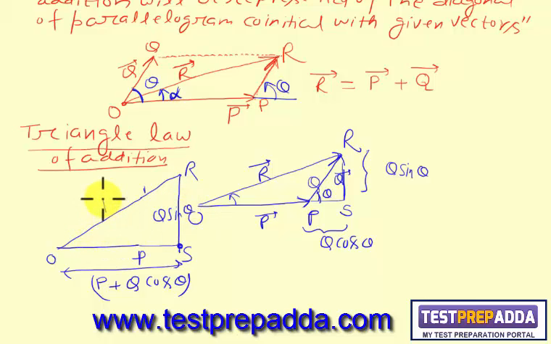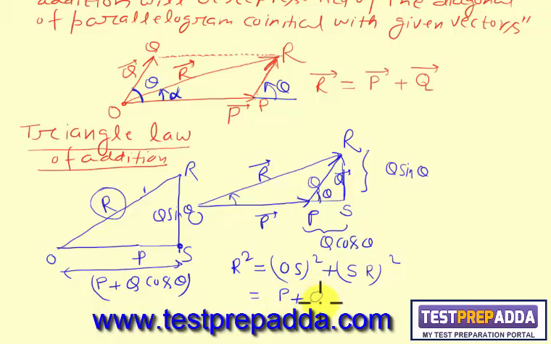Now you can easily get the R with the help of Pythagoras theorem, and that will be R square is equal to OS square plus SR square, and that is (P plus Q cos theta) square plus (Q sin theta) square.